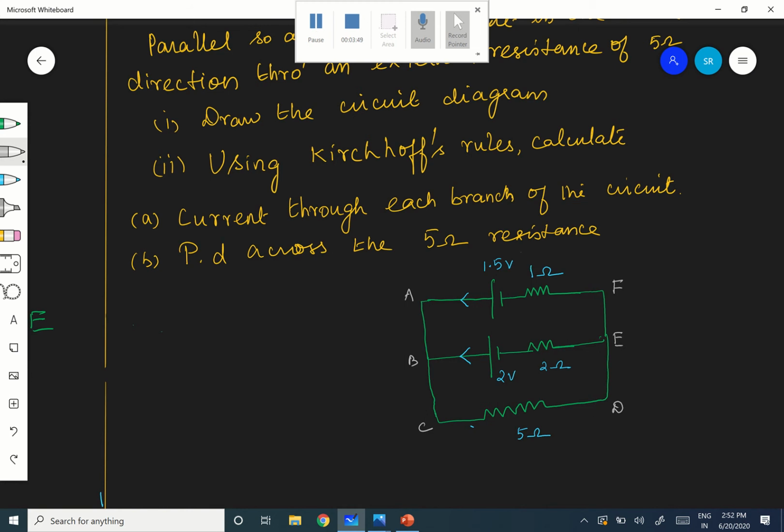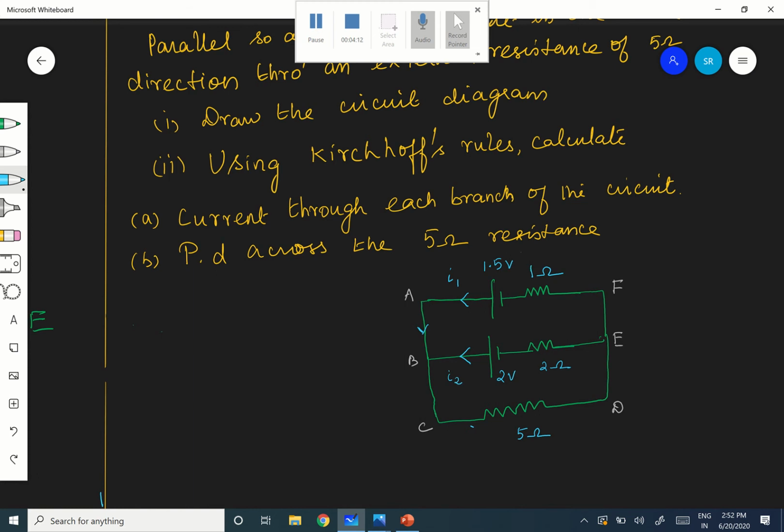This is the direction of the current here. Let the current from the 1.5 volt cell be I1, and the current from the 2 volt cell be I2.